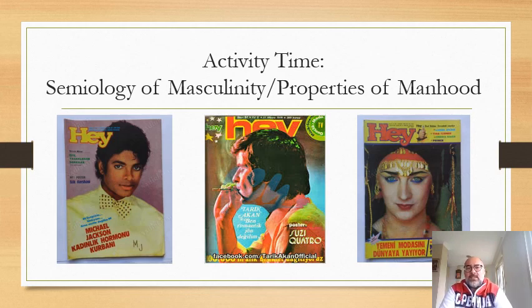So the activity is about Hey dergisi. This magazine, Hey, comes from my childhood. So here, your task is to study these covers by reading them semiologically from the perspective of masculinity and manhood.